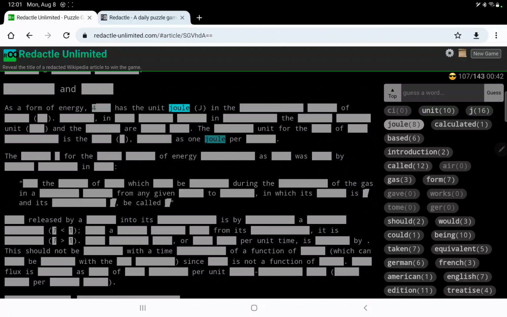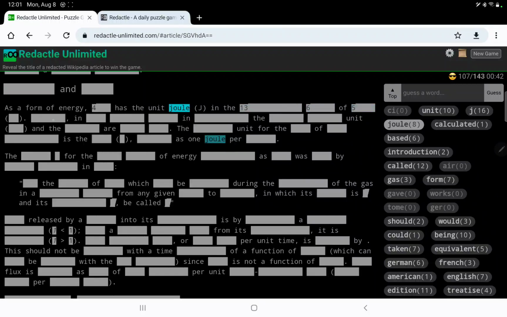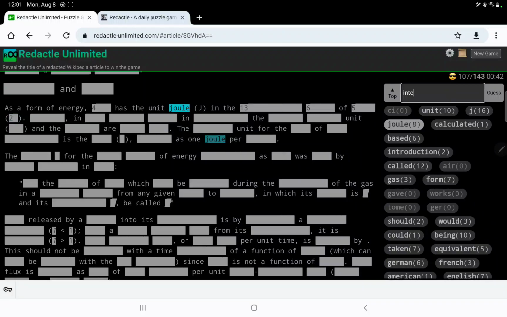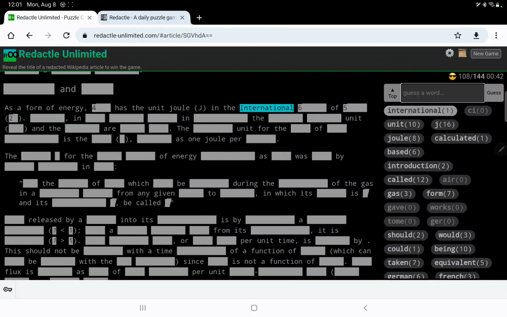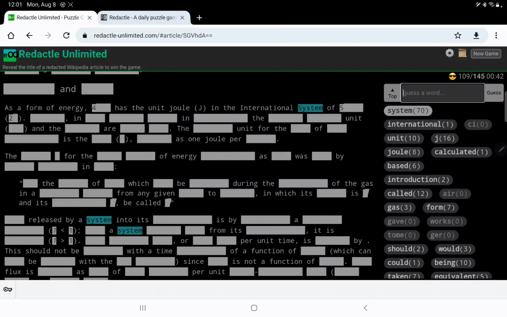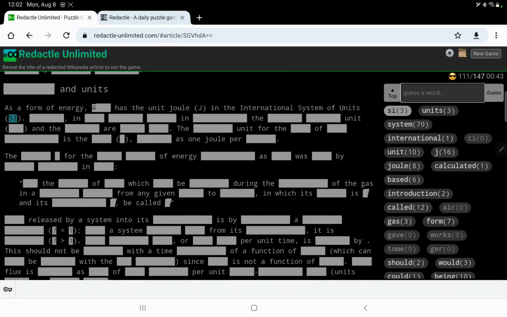This, and is this the title of the article? This 4-letter word has the unit joule in the 13.6 of 5, and then that's that 2-letter again. So international system, oops, this, system of units. Yeah, okay. Oh, SI units, that's it. SI units, System International.